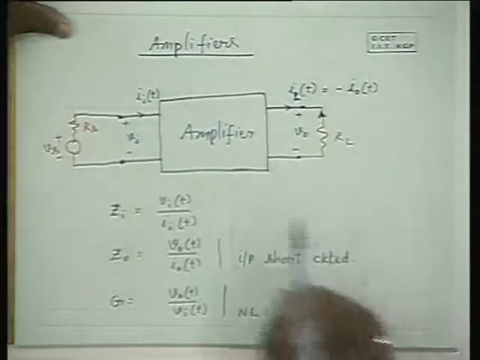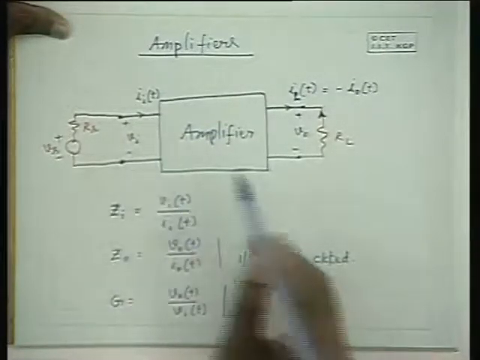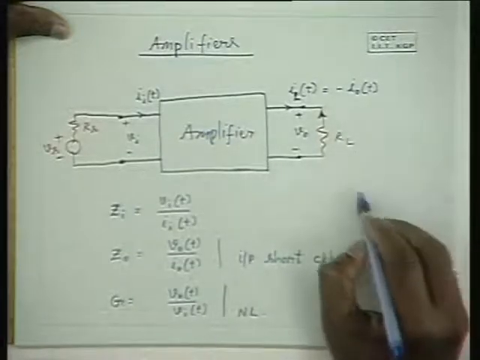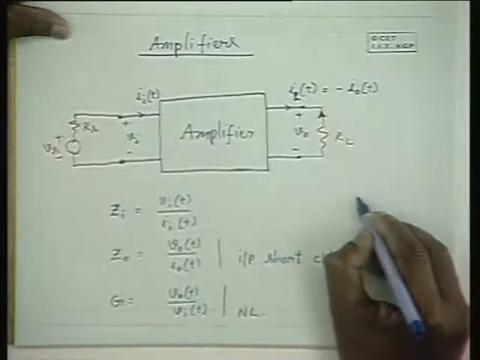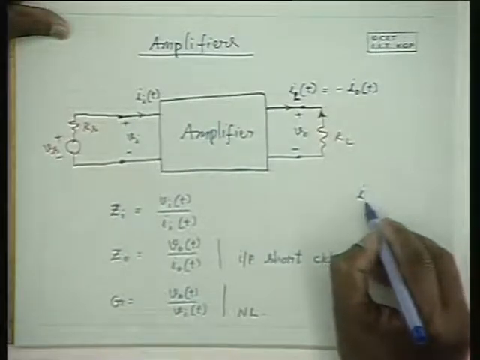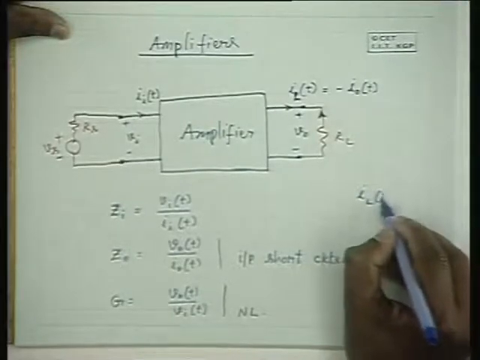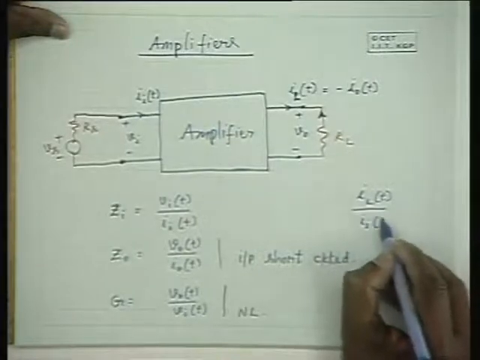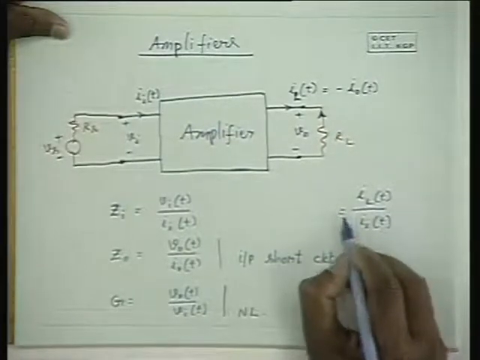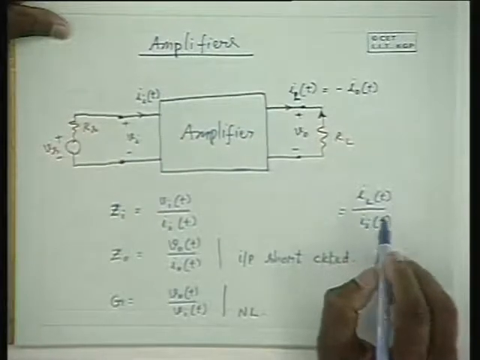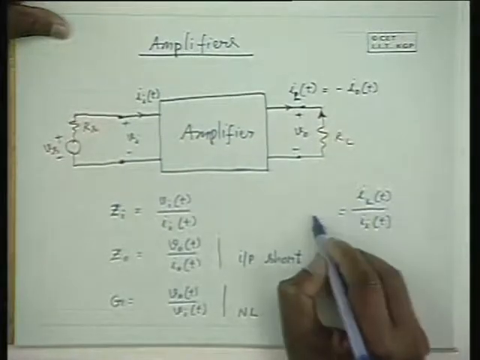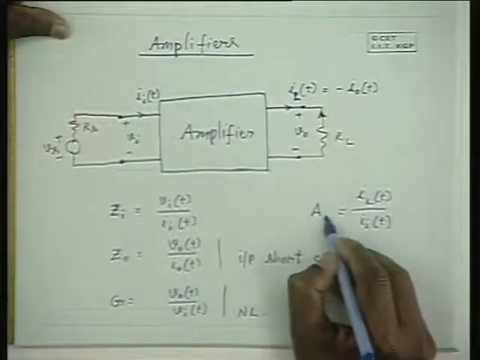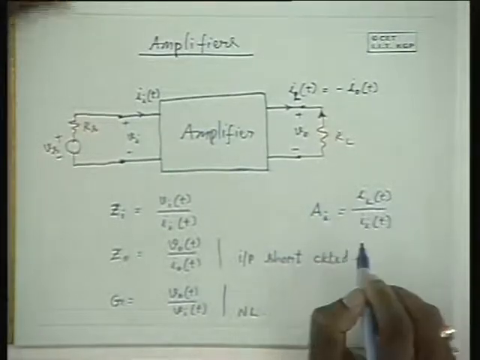Now, an amplifier also has some current gain. If the output current is treated as ILT, the load current, then ILT divided by the input current IIT is the current gain of the amplifier, and it is usually denoted by AI.